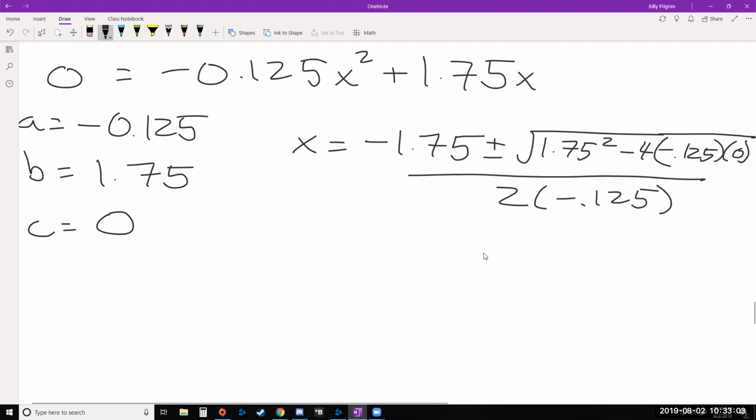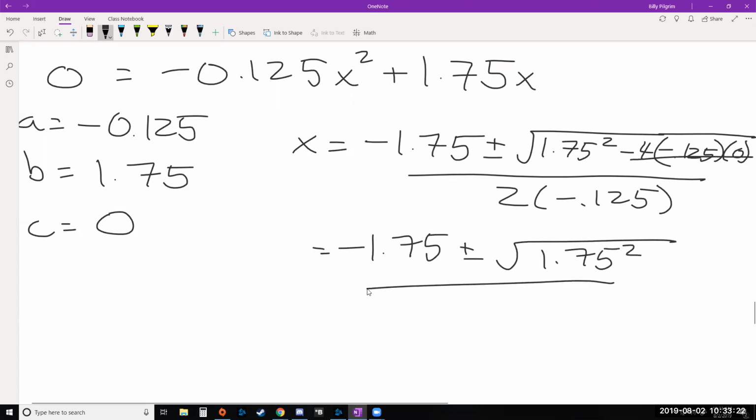Okay, so notice 4 times A times C, this whole piece is going to become 0 because we have things being multiplied with the 0. So what we really have is negative 1.75 plus or minus the square root of 1.75 squared all over 2 times 0.125, which is 0.25, and it's a negative 0.25.